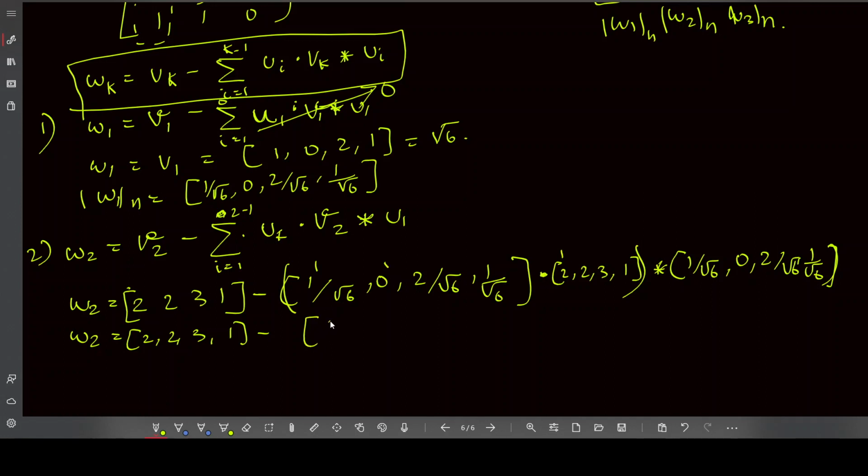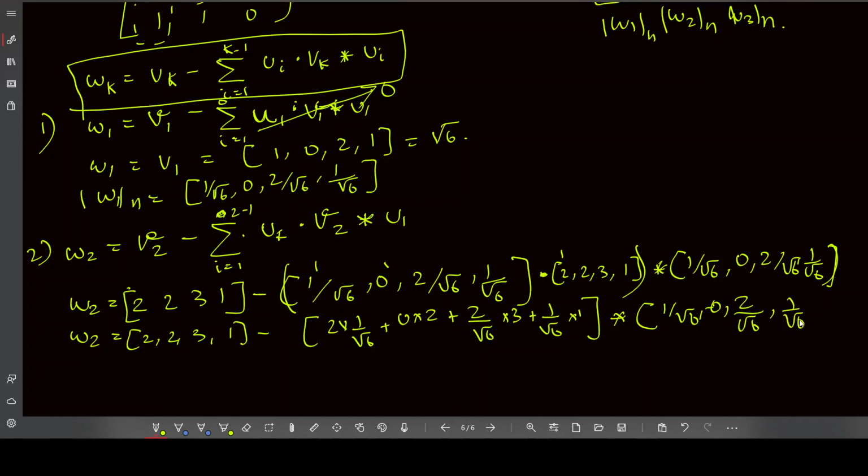So basically this is 2 into 1 by under root 6 plus 0 into 2 plus 2 by under root 6 into 3 plus 1 by under root 6 into 1. And then this is basically a scalar. So that will be multiplied to 1 by under root 6, comma 0, comma 2 by under root 6, comma 1 by under root 6.